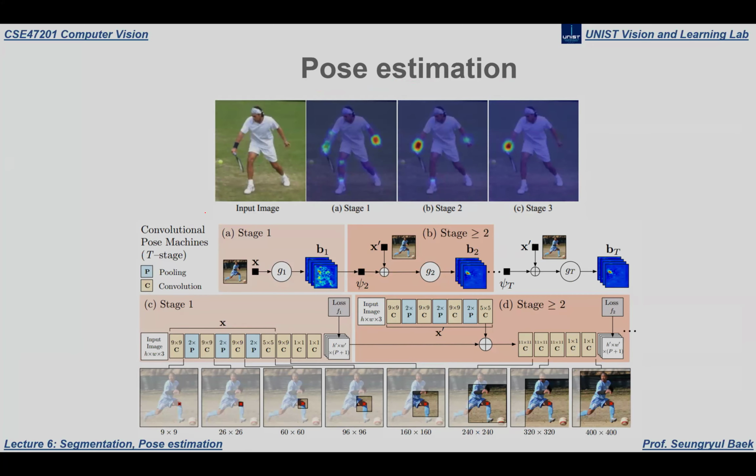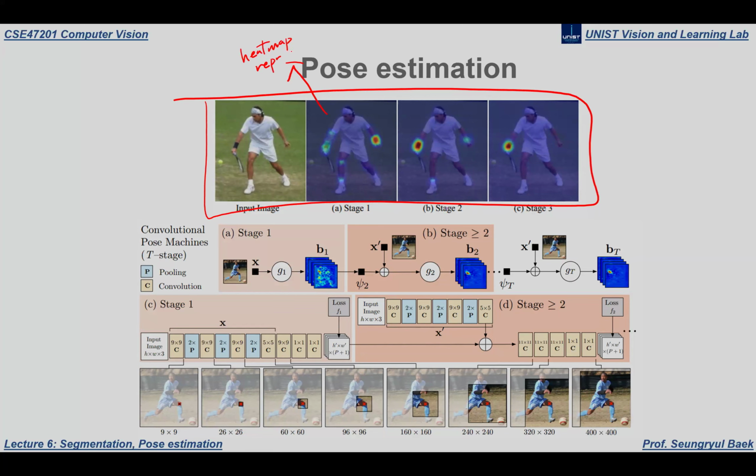So in this approach, they propose another representation as the output of this pose estimator, which is called the heat map representation.